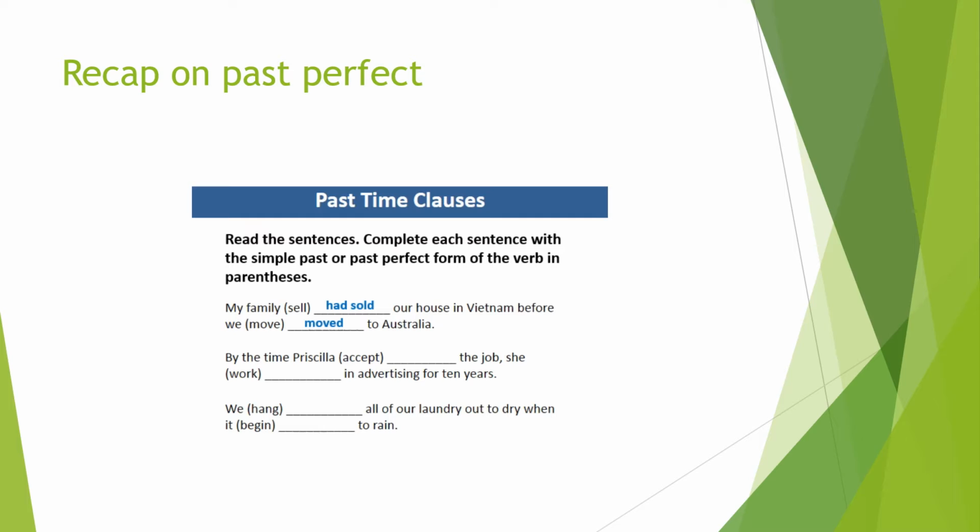My family had sold our house in Vietnam before we moved to Australia. By the time Priscilla accepted the job, she had worked in advertising for 10 years. We had hung all of our laundry out to dry when it began to rain.